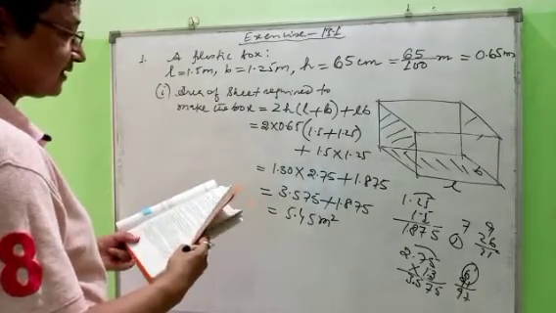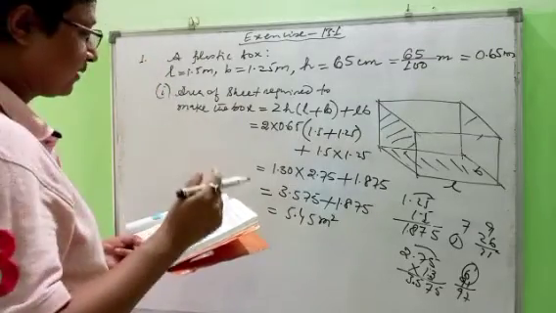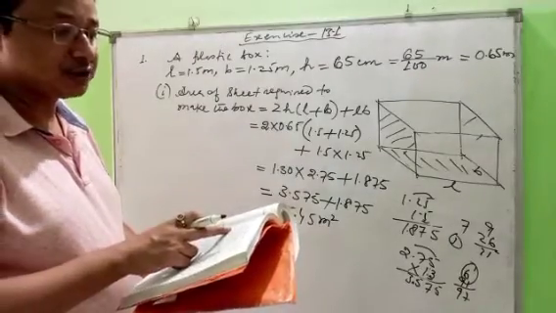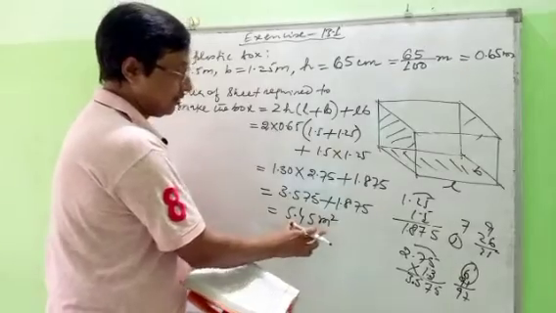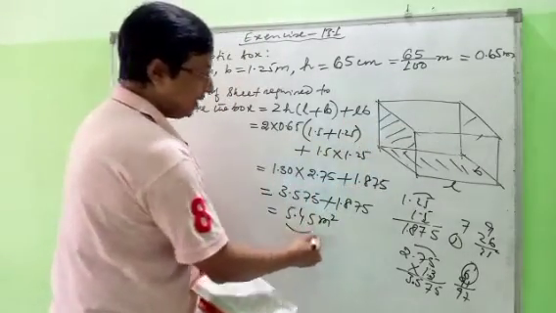Now the next one is: determine the cost of the sheet if a sheet measuring 1 meter square costs rupees 20. So you have to find the cost of this sheet. That is, you have used this sheet to make this box. So the area is this.